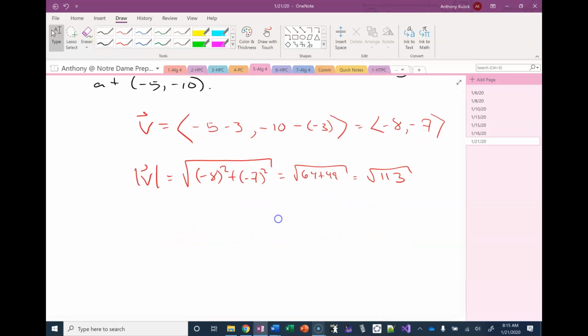And then to find the direction, I'm going to do this just like I would have in a first semester problem. So I'm going to plot the point -8, -7. And what I'm looking for is that angle, right?